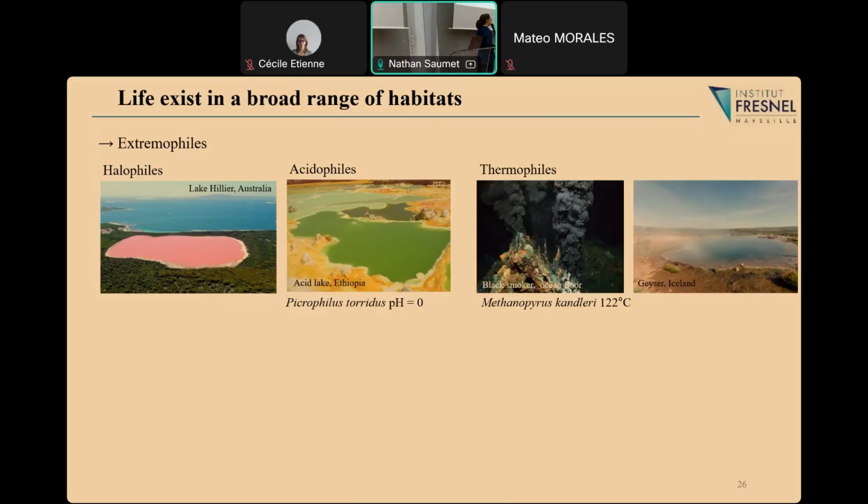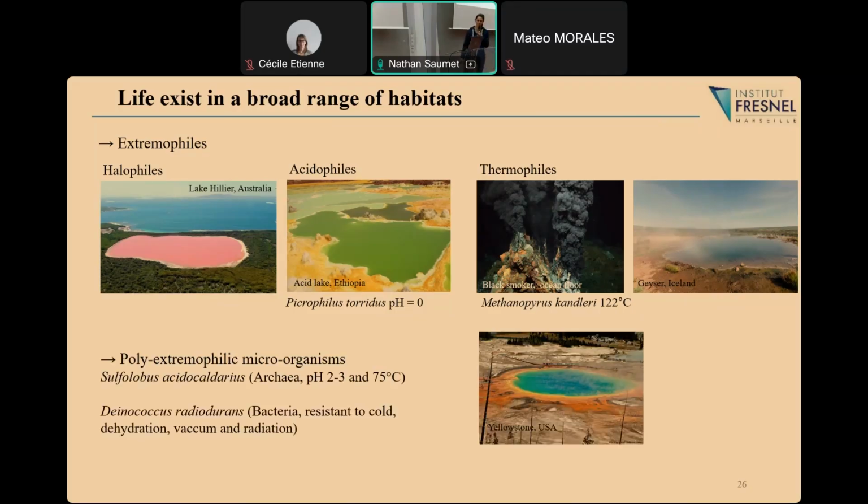If we look at where on Earth the temperature is high, in black smokers at the ocean floor or in geysers on islands, we can find microorganisms called thermophiles that are able to live at temperatures as high as 120 degrees. Of course, you can find microorganisms that mix many extreme environments.